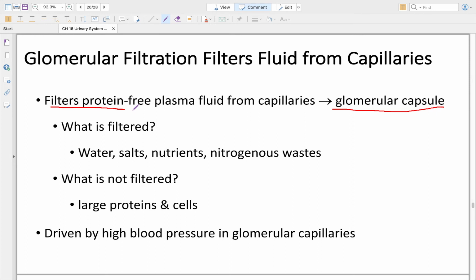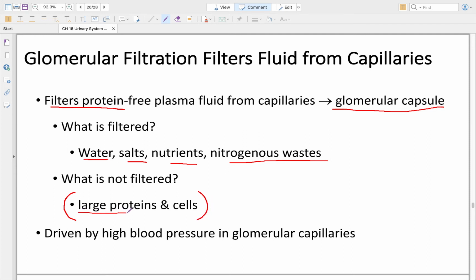Okay, so what is filtered during the filtration process? Water, salt, nutrients, nitrogenous waste. What is not? You should never find this in urine unless there's a problem.